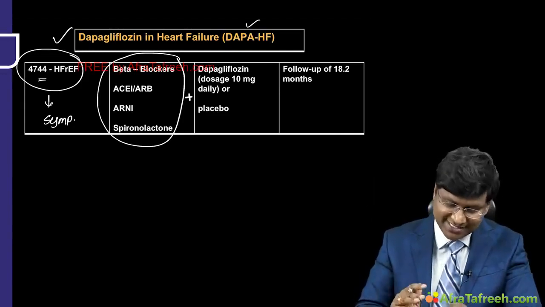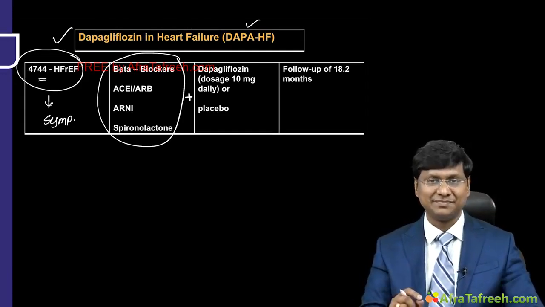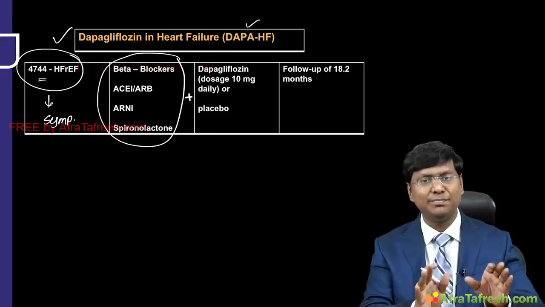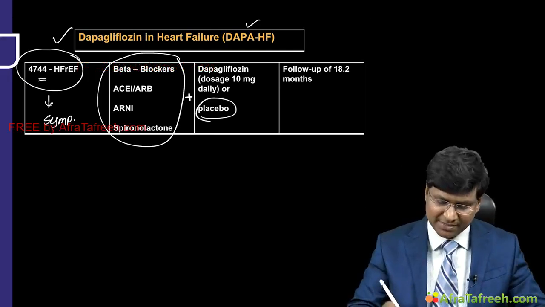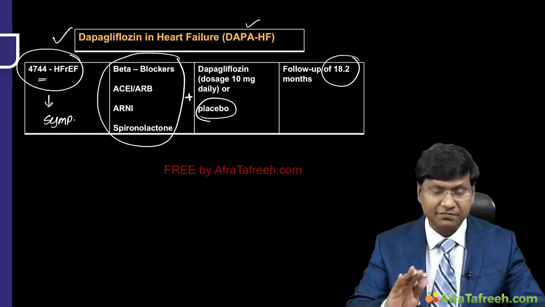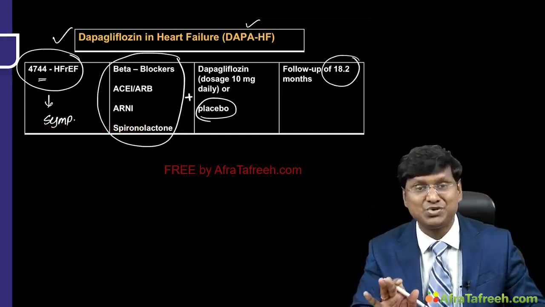To these patients, the study added dapagliflozin 10 milligrams in one group, and just placebo in the other group. This study was done for nearly around 18.2 months of follow-up.